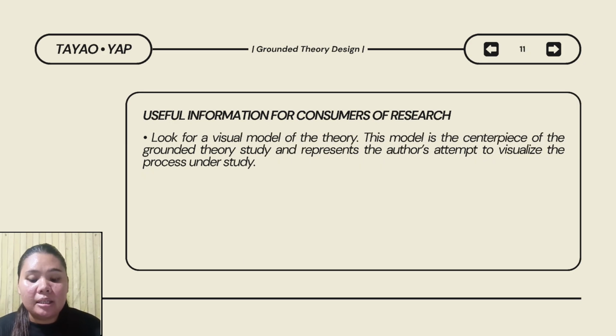And the last one is to look for a visual model of the theory. This model is the centerpiece of the grounded theory study and represents the author's attempt to visualize the process under study. Okay, so that's the useful information for consumers of research.